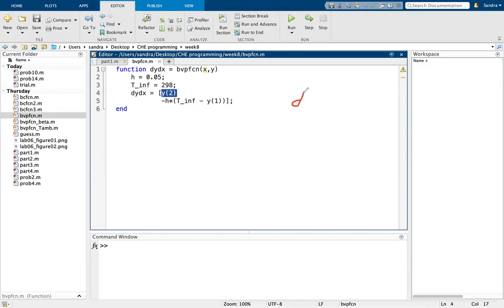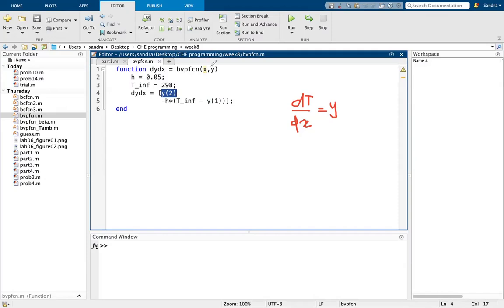So first we'll have dT by dx, sorry for the bad handwriting, is equal to y. And what is this y?